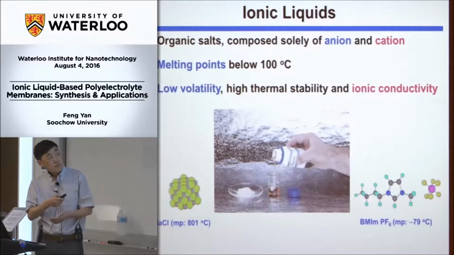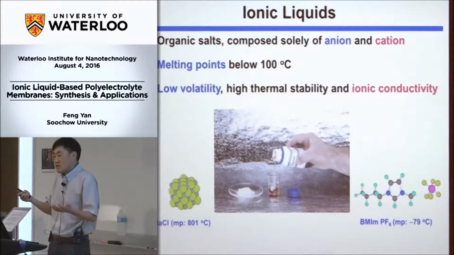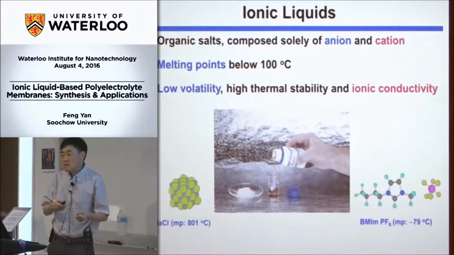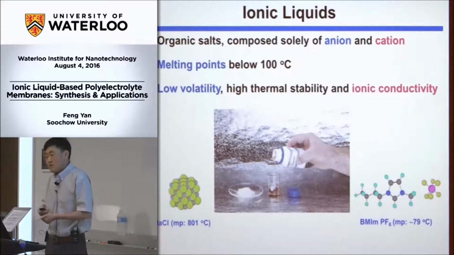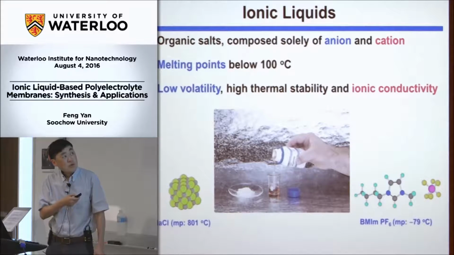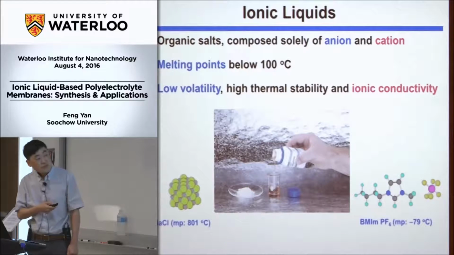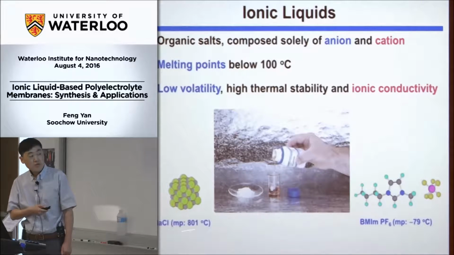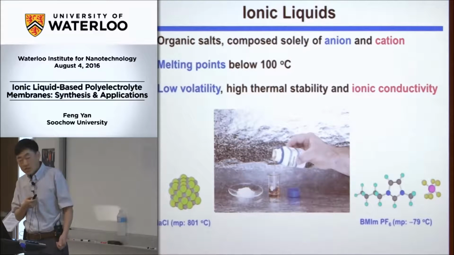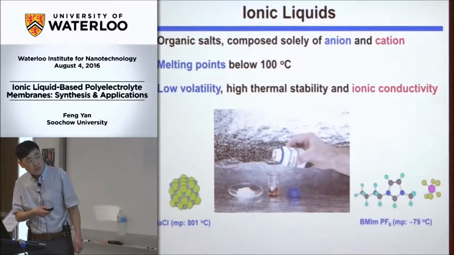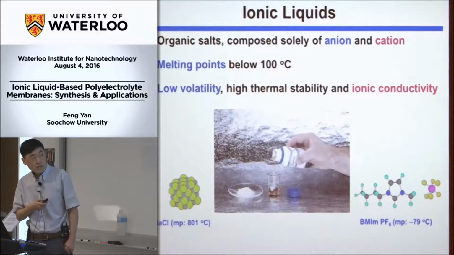If it's below 100 degrees it's also called an ionic liquid, but it's not a liquid at room temperature. From this picture you can see sodium chloride, with a melting point of around 800 degrees, while the imidazolium cation ionic liquid has a melting point of minus 80 degrees.